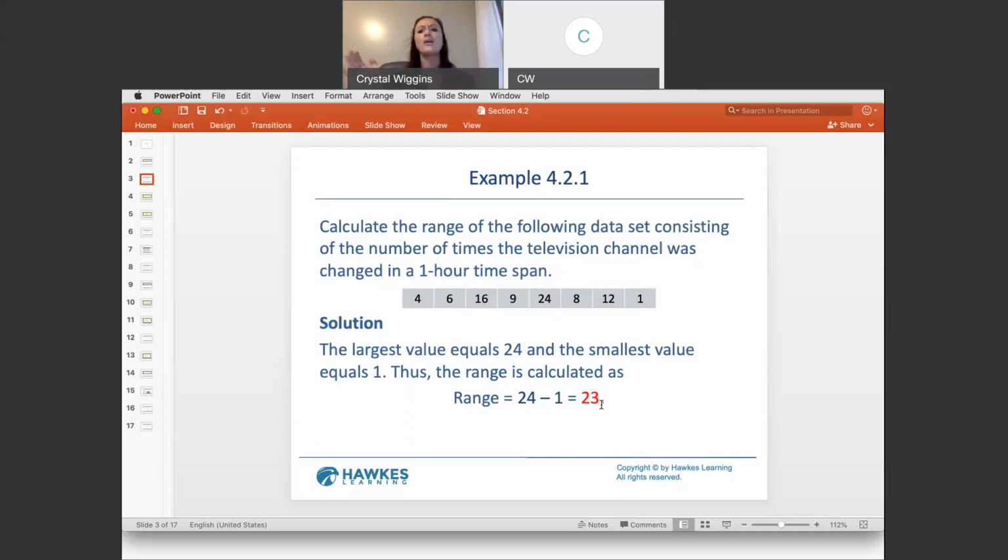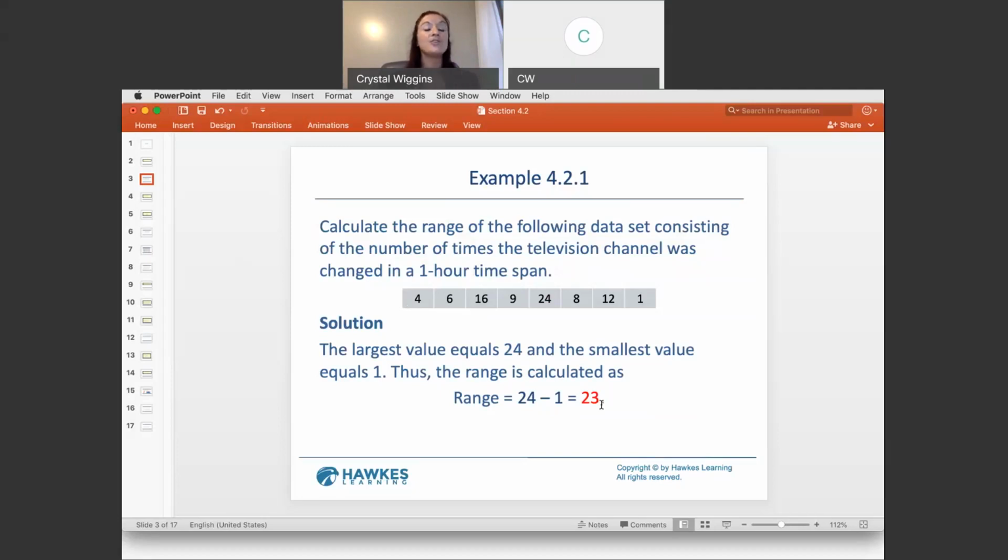Now I am telling you that the range of the grades on the test is 100 points. Well, did that really tell you anything? No. Before you even took the test, you knew there was a possibility of a 100-point spread. So in some cases, the range is meaningless. It really doesn't tell us anything.